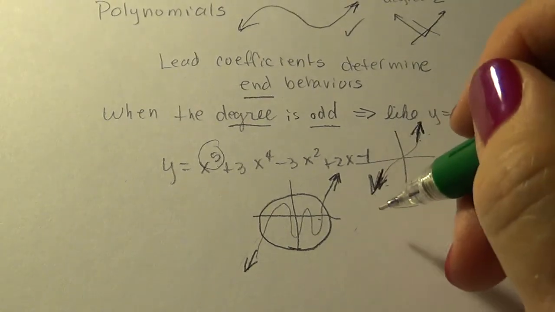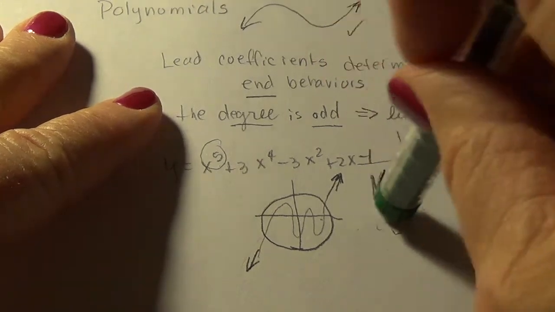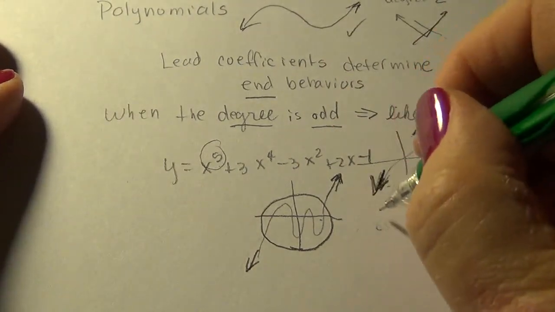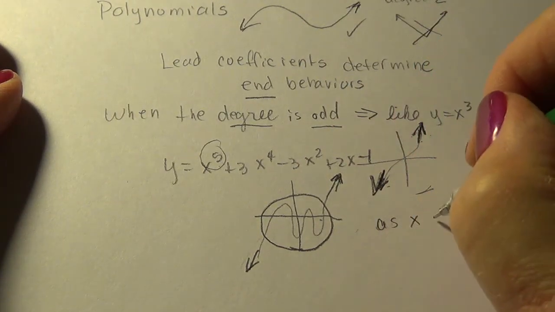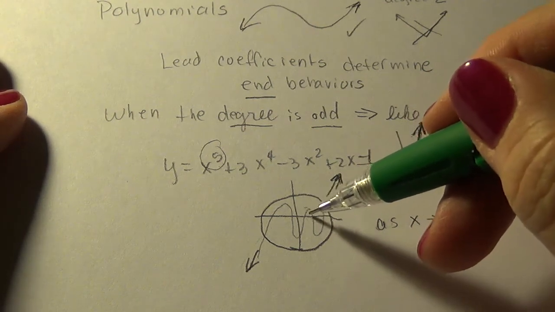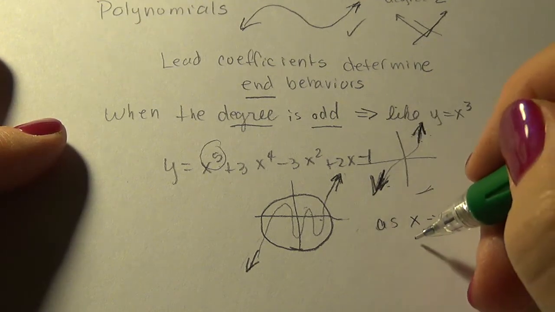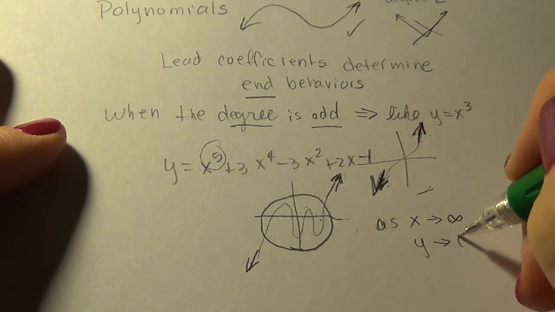So sometimes we say this as x approaches infinity. That means as x values are going this way, what's happening to y values? Y is approaching infinity.